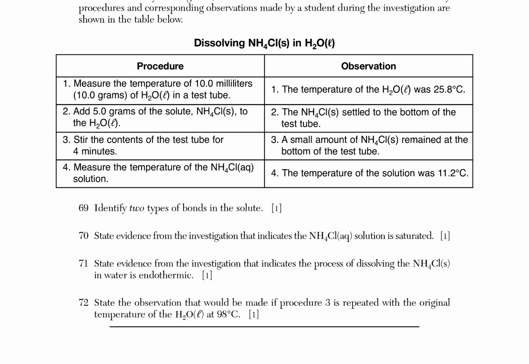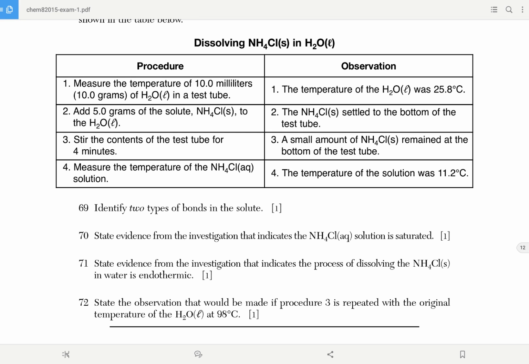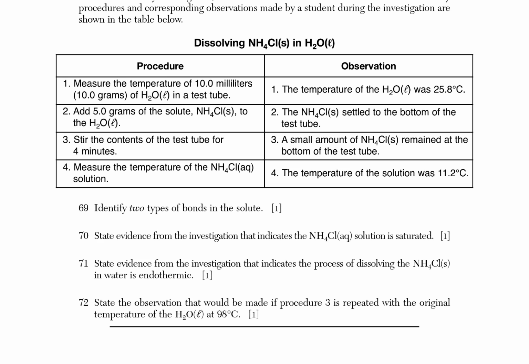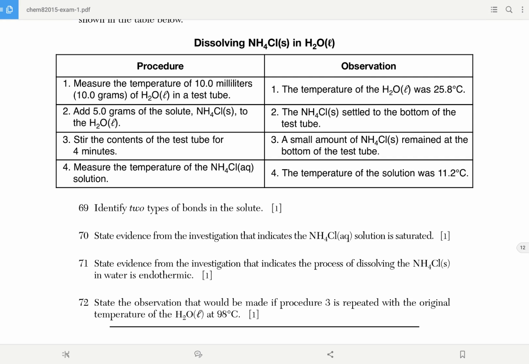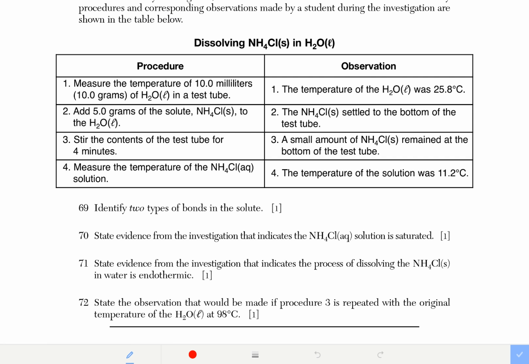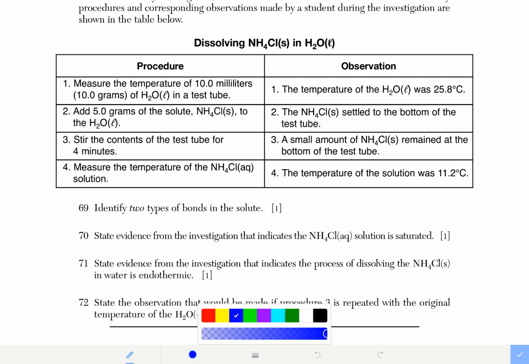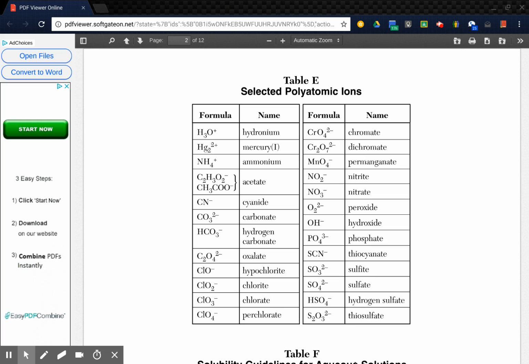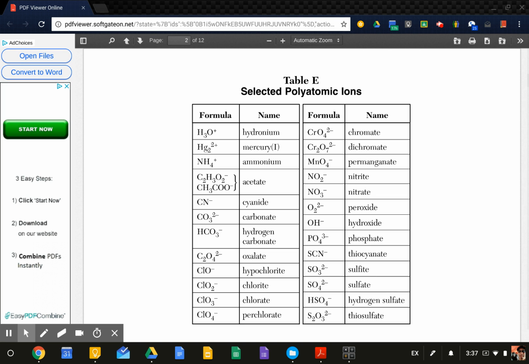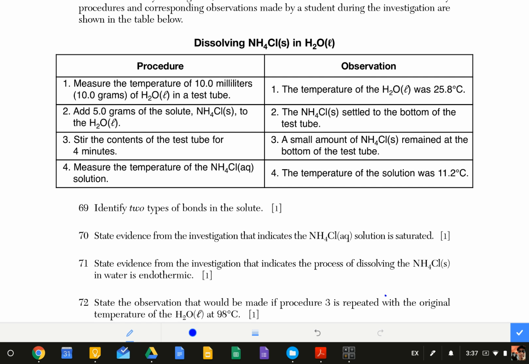Okay, title of the table says dissolving ammonium chloride solid in H2O liquid. And procedure 1 says measure the temperature of 10 milliliters, which is 10 grams of H2O liquid in a test tube. So one thing to remember that they brought up right there is that the density of plain water at room temperature is approximately 1 gram per milliliter.